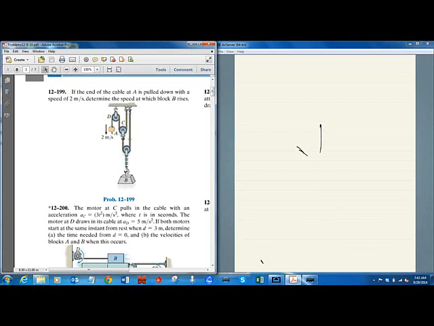Got it? Okay. So I'm going to look at this thing and I'm going to say, man, I don't know what I'm supposed to do with this. They want me to find the speed of block B. What are they telling me? Speed of the hand? Right? Over here they say, find the speed of block B. And what they tell me is the cable is pulled down, so the speed of the hand is 2.